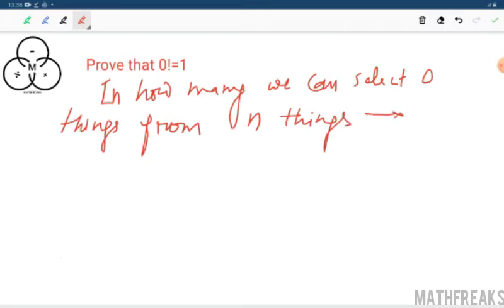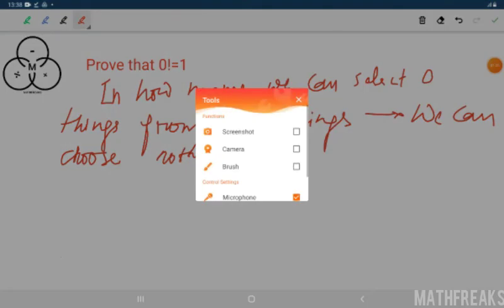There is only one option, that we choose nothing. That is the only option we are left with.